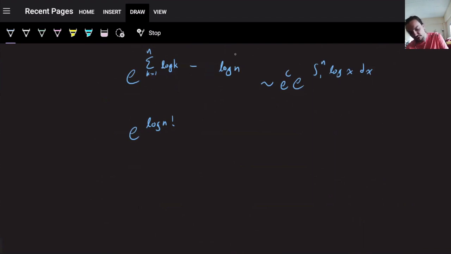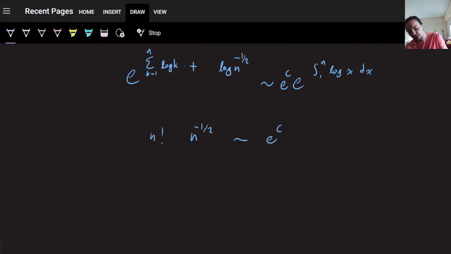So I'm going to use a log rule to push the 1/2 inside, and then e to the log n to the 1/2 is just n to the 1/2. I also have a minus sign, so that's going to make this n to the minus 1/2. Okay, so e to the log n factorial is n factorial. So n factorial n to the minus 1/2 is twiddle e to the c.